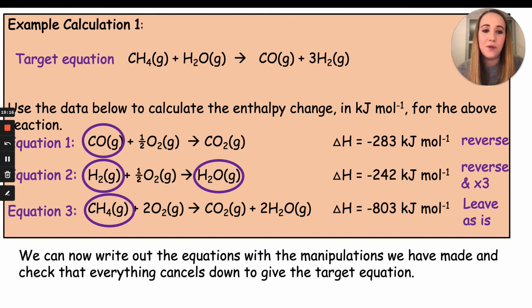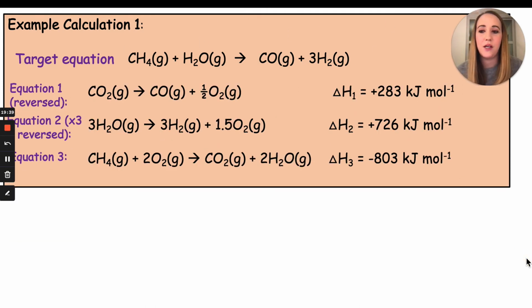What we're going to aim to do here when we've got these equations all written is double check that we've done this properly. If we have done it properly, everything should cancel out of all 3 equations. If we were to add them all together into one, everything should cancel out except for our target equation. So let's see if that's worked.